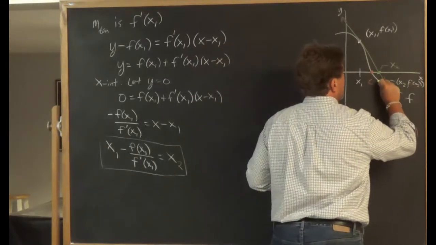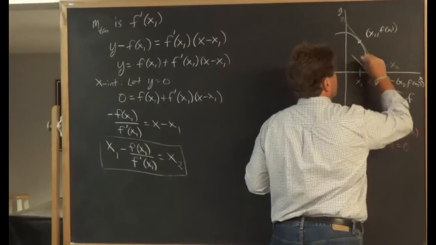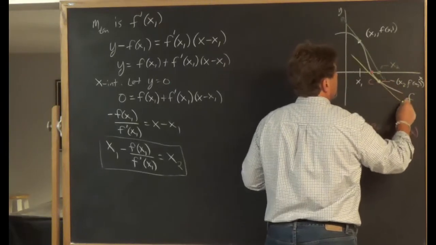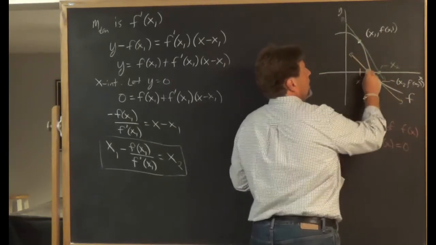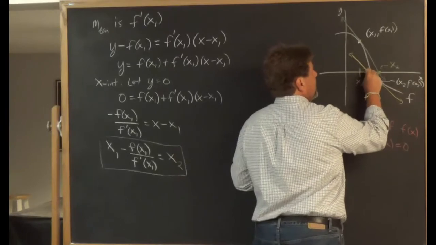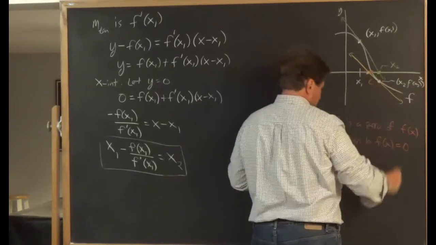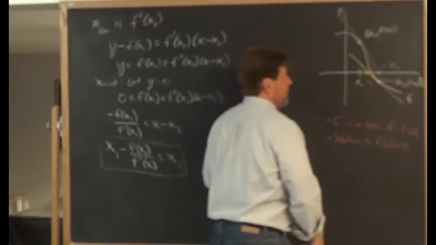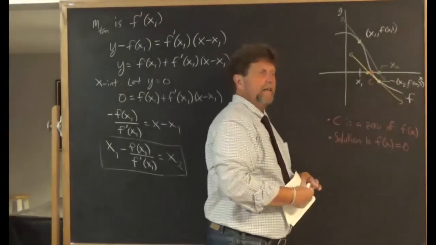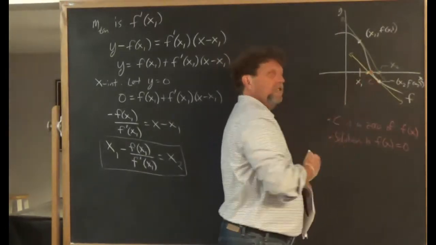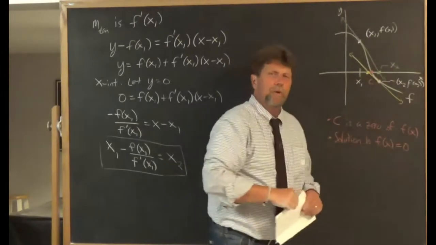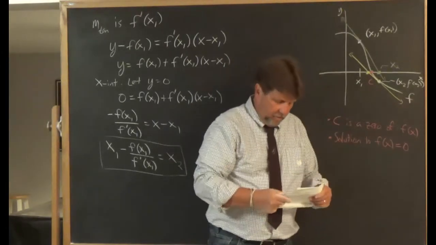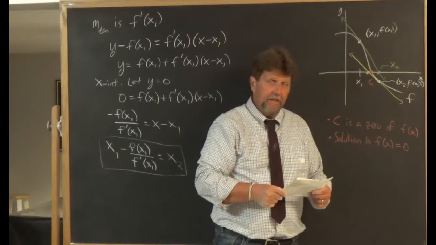So here's what the graph of the tangent line would look like. Doesn't it look like the x-intercept of the yellow tangent line is even closer to the actual zero than what x sub 2 was? Of course it does, because it definitely was.